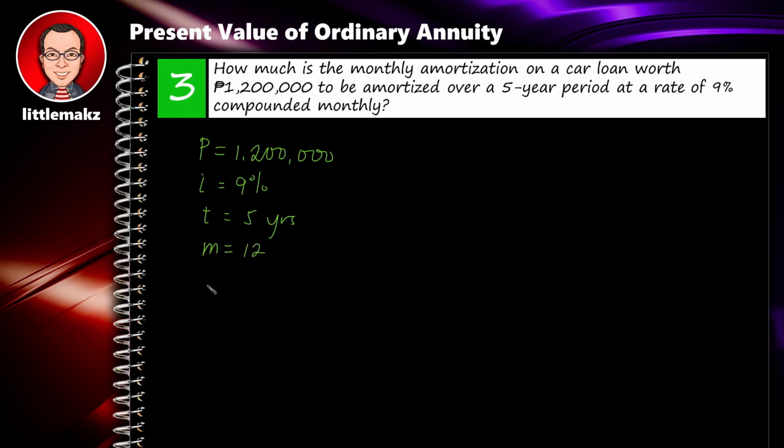J would be equal to I over M, which is actually 0.09, 9% divided by 12. So we get 0.0075. And our N is 12 times 5, or that is 60.